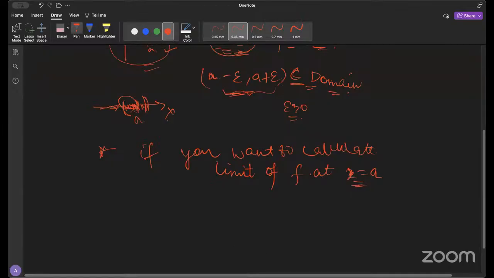So if you want to calculate the limit of a function at x equals a, the condition is that your... Ma'am, when will the quiz 2 revision session be?